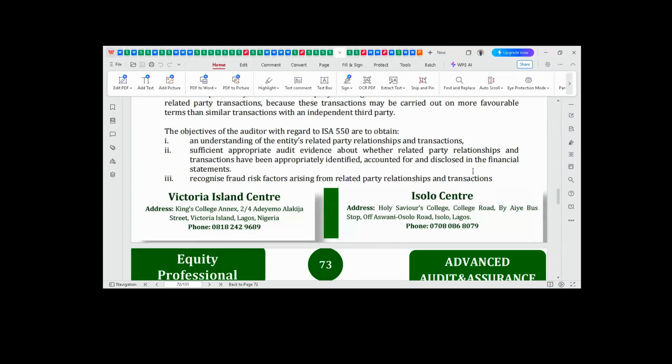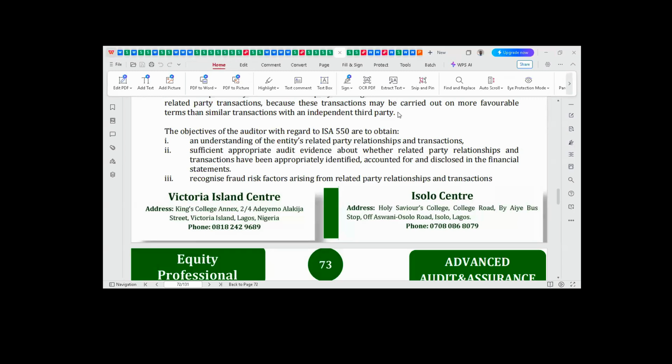For instance, you're a manufacturing concern, as a client. Are you with me? You are into the production of petroleum products. Let's say your tanker is like 3,000 liters, and you are selling at, let's say, 850.